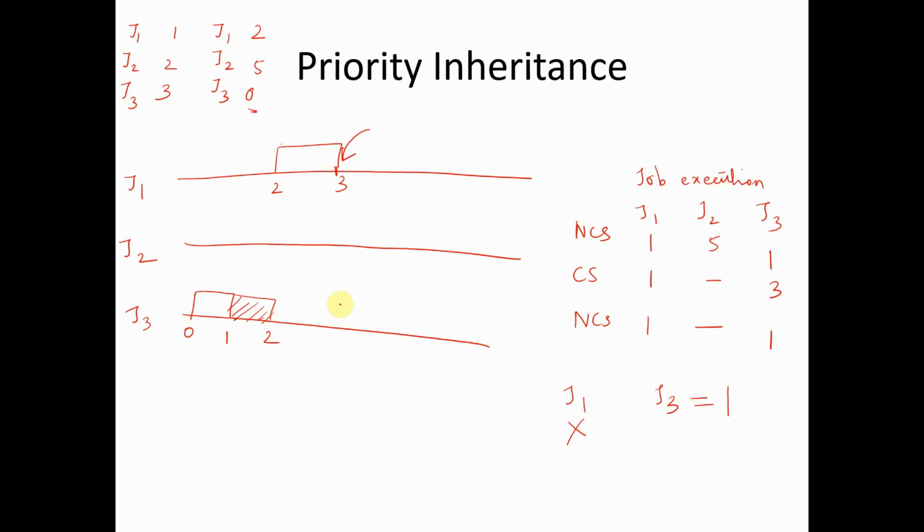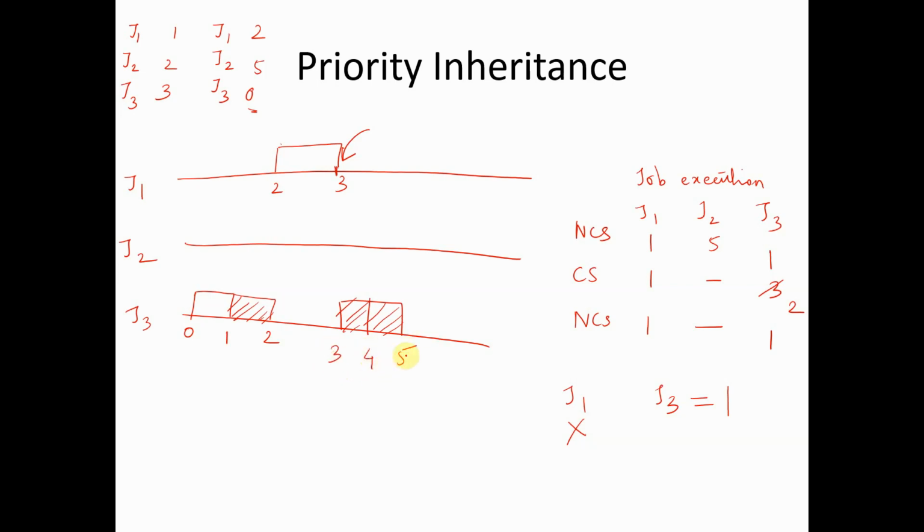At 3, since J3's priority has become high, J3 has got the highest priority. J3 needs 1 unit of critical section, which is already executed, so 2 units are left. So from 3 to 5, 2 units of critical section will be executed by J3.